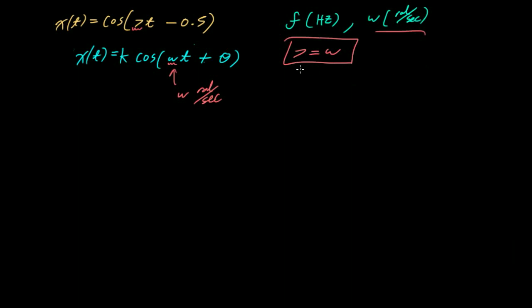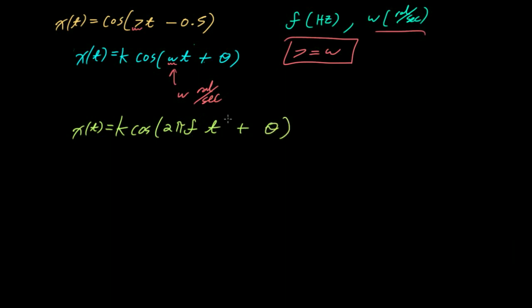The next part of the problem is to remember frequency. I can also write this general form of the cosine as amplitude k times the cosine, and instead of omega here, I can write 2 pi times the frequency in hertz times time in seconds, plus the phase angle.